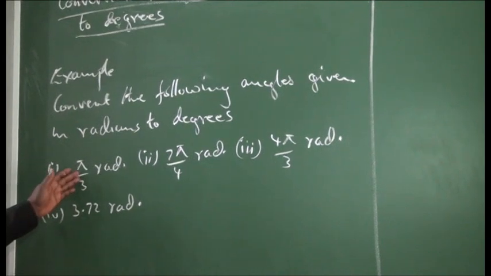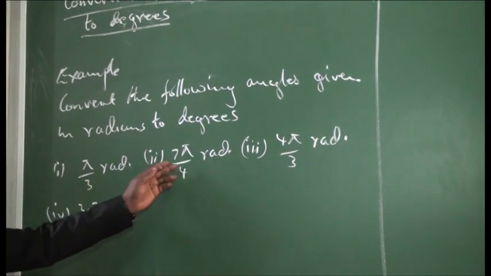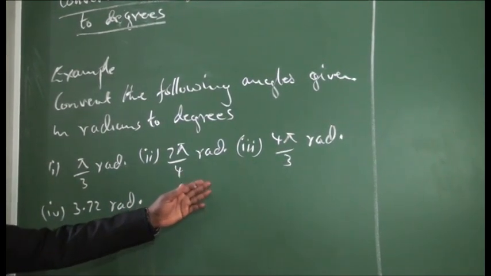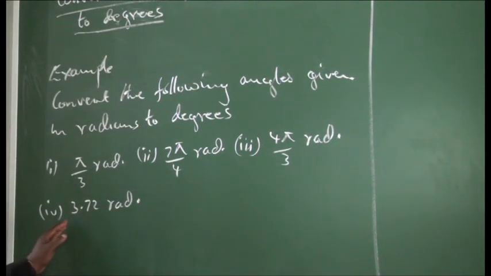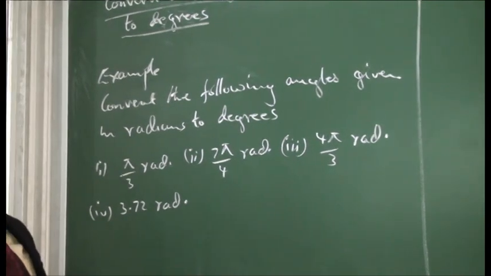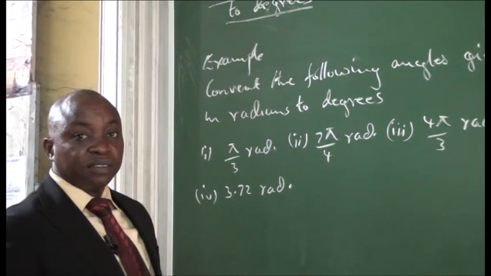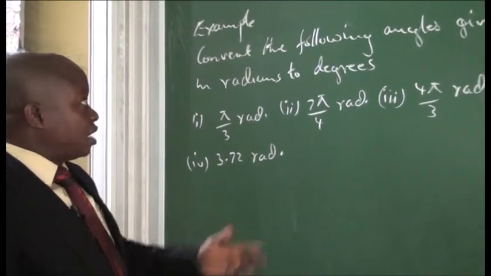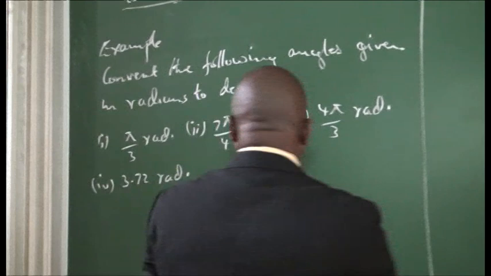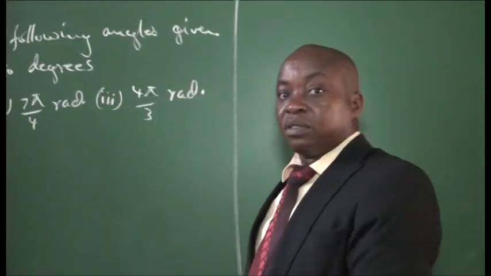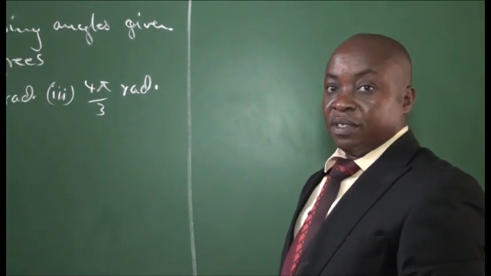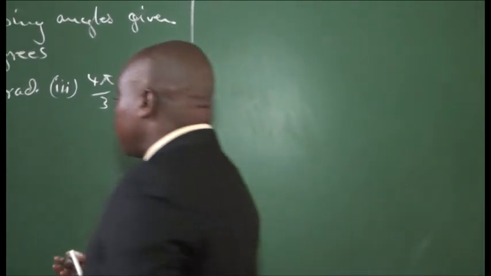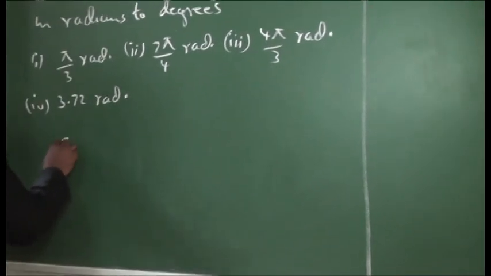Now we have pi over 3 radians, 7 pi over 4 radians, 4 pi over 3 radians, and 3.72 radians. We want to convert it to degrees. I told us earlier that angles can be measured in radians and or in degrees. Okay, let's start here.